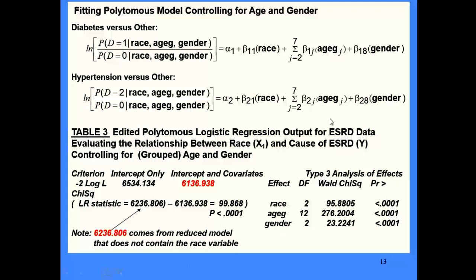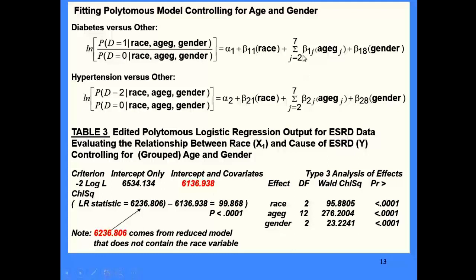But now, if I test for race, I'm just talking about the test for race. When I run this model with all these variables that I'm controlling for, the intercept and covariate minus 2 log L is 6136.938.